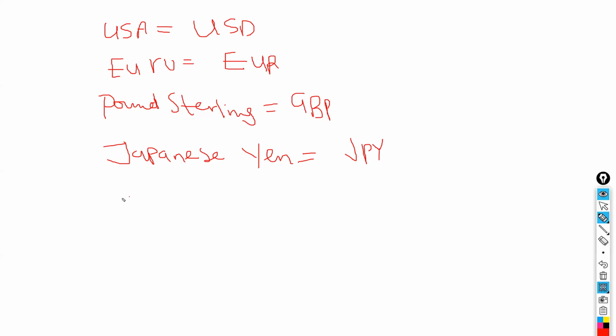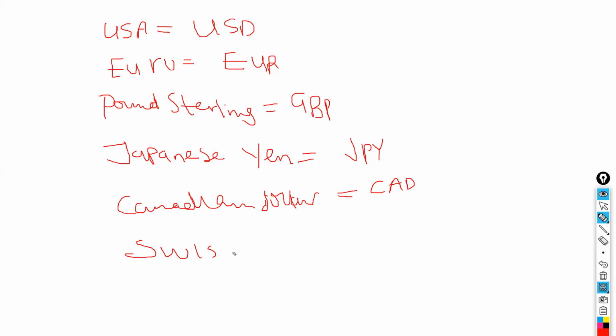The Canadian dollar, we have it as the CAD. And then we have the Swiss franc, we have it as the CHF.